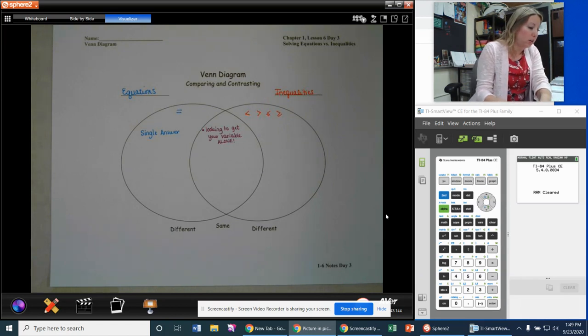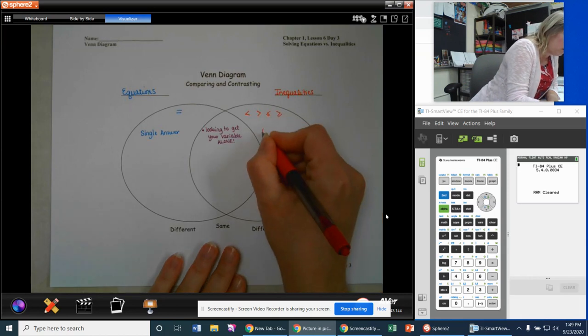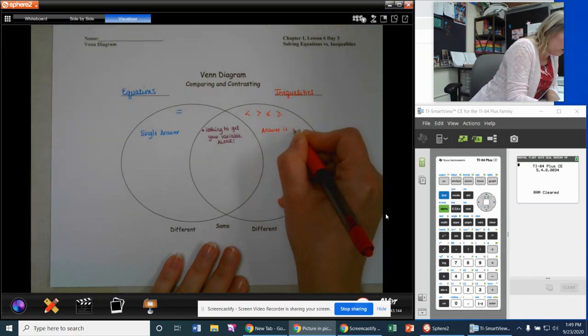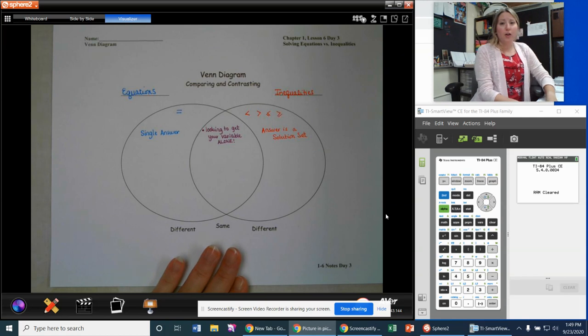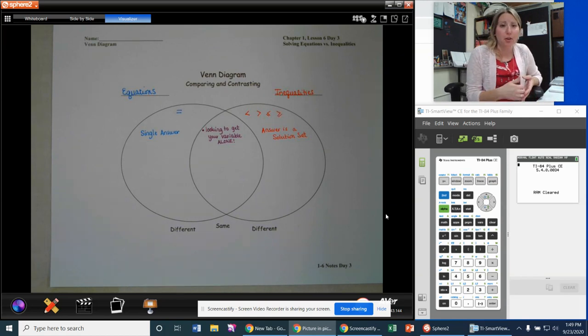But when it comes to inequalities, your answer is a solution set. There could be an infinite number of numbers that make an inequality true. So once you're getting that, you typically want to represent it on a number line, right?